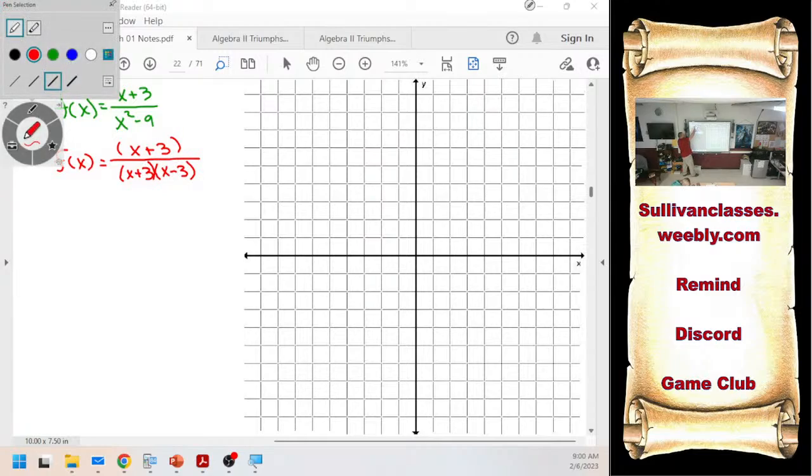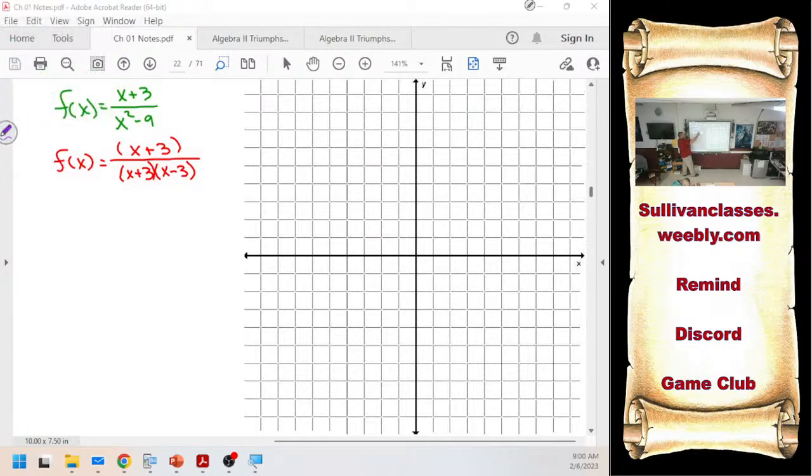Which is why when you graph it, what you're going to see on the graph is 1 over x minus 3. So it's going to have a vertical asymptote at 3. And then 1 divided by 1 is 1. 1 divided by negative 1 is negative 1.